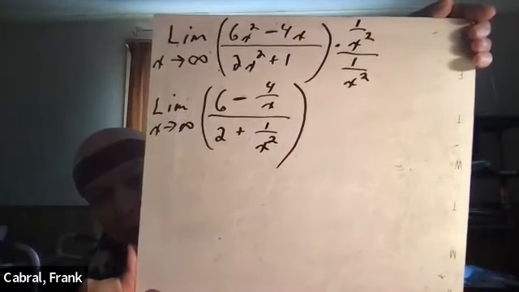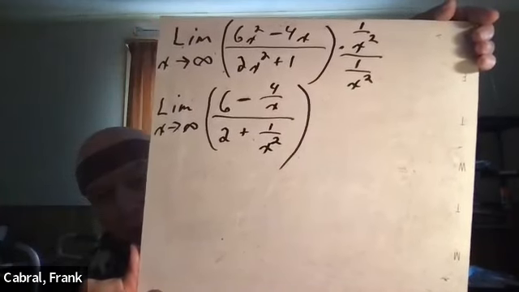Now, there's a theorem we're going to use right now. It's an important theorem in being able to determine limits at infinity. Again, I am taking the formal approach here.